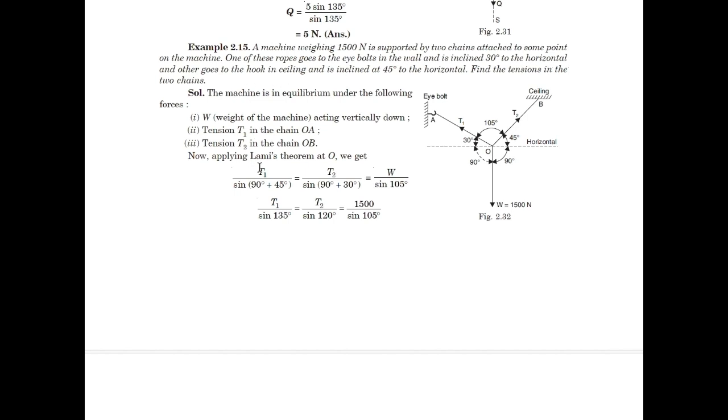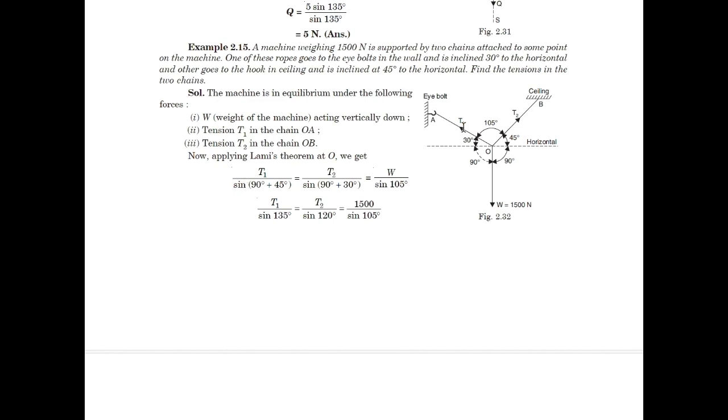Again, here we can very easily apply Lami's theorem. Suppose T1 is the tension in the first chain or string, and T2 is the tension in the second chain, and the weight is given here as 1500 Newton. So simply we find the angle between all these chains as well as the string where you have this 1500 Newton force.